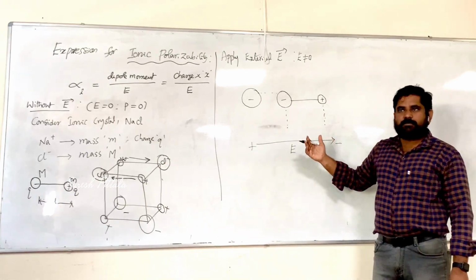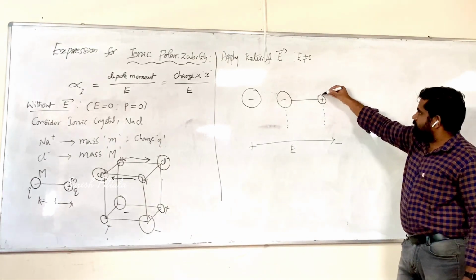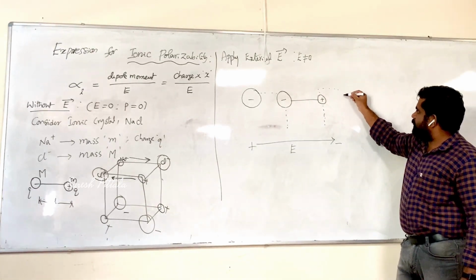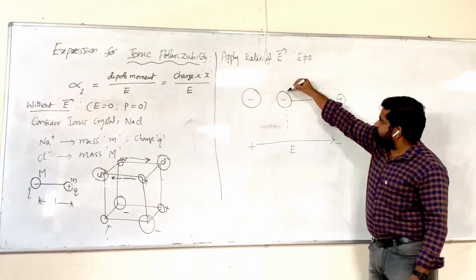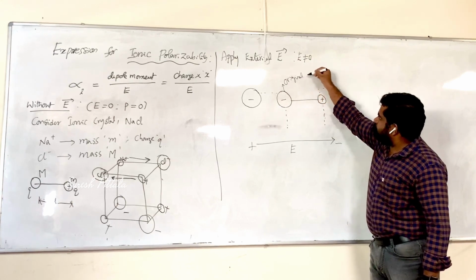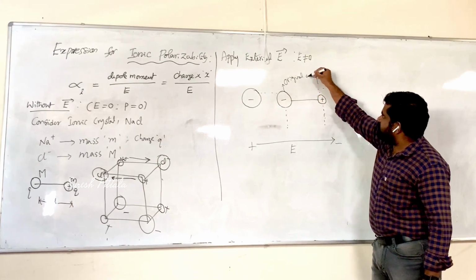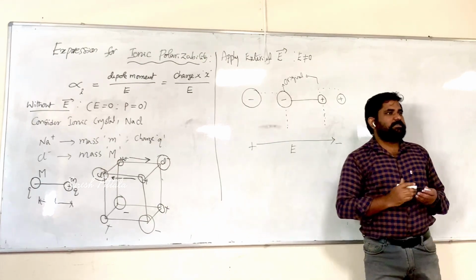Similarly, this positive ion goes from here and will move up to here. So these two are the original positions, but after the application of the electric field, it moved a distance.